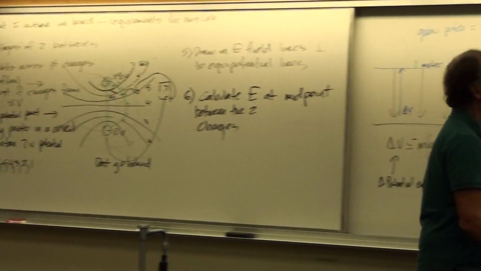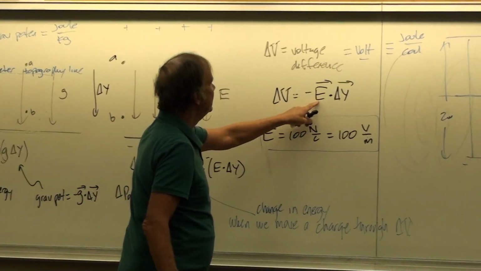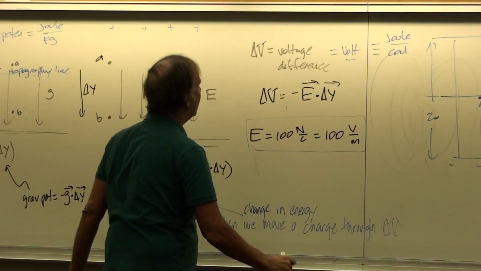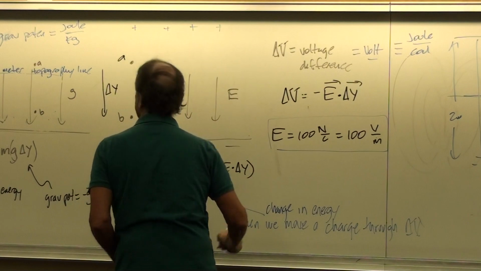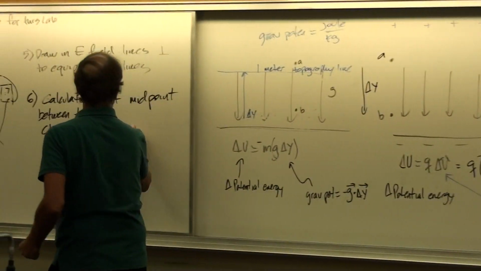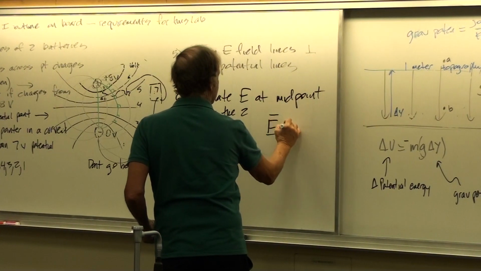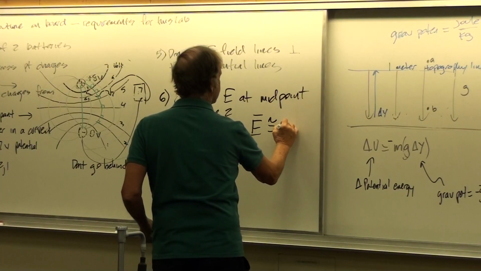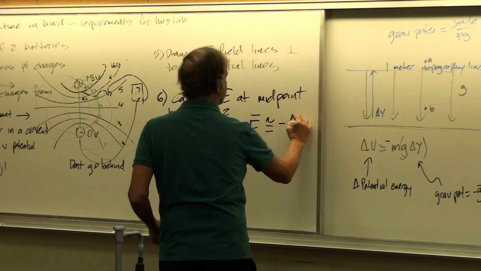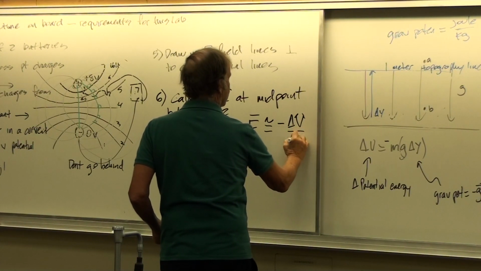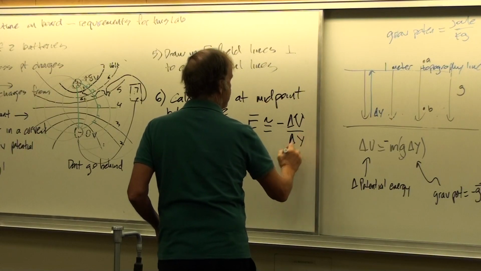Well, here, if we've got delta V is equal to minus E dot Y, we can rewrite this as E average is approximately equal to minus delta V over delta Y.